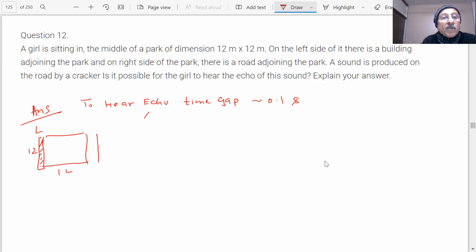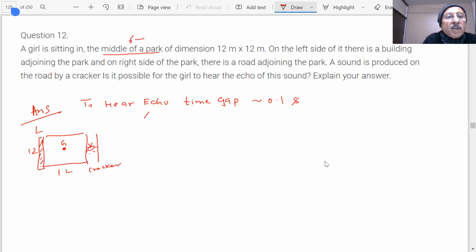So if there is a road, students, here some cracker. Where is she sitting? Girl is here, sitting in the middle of the park.